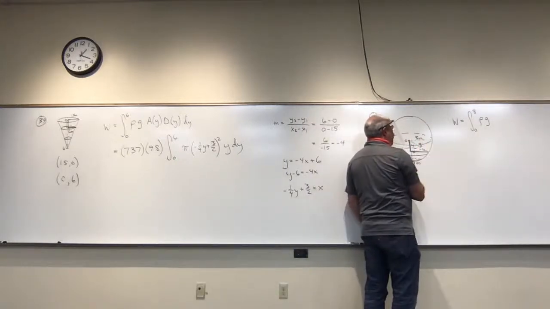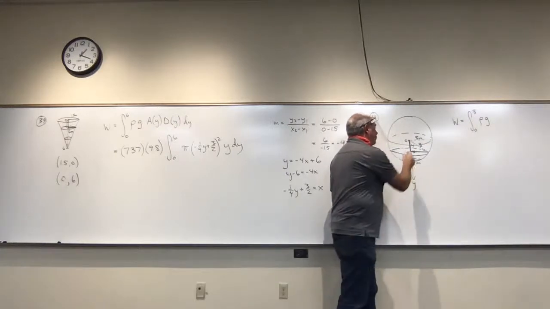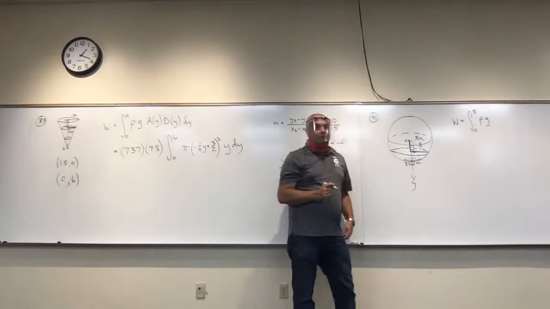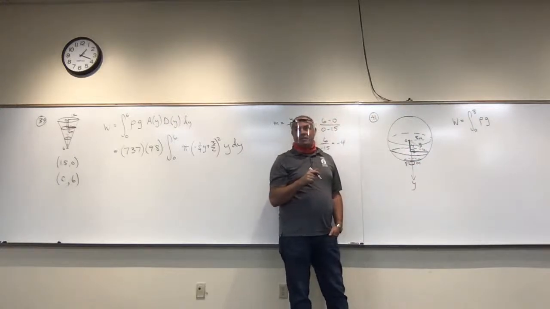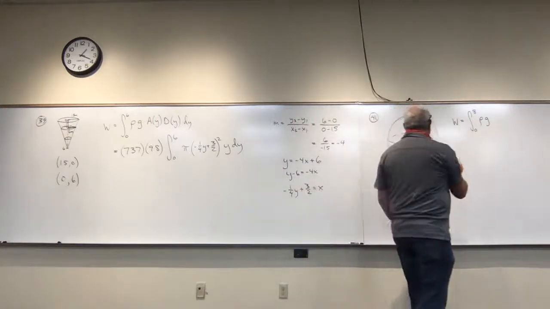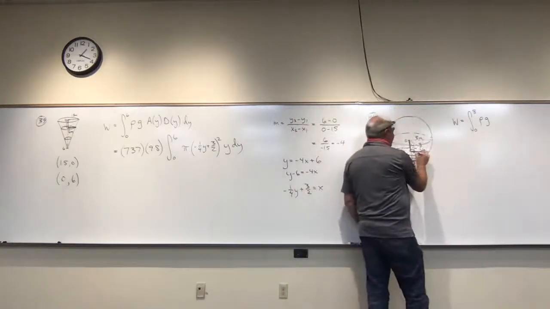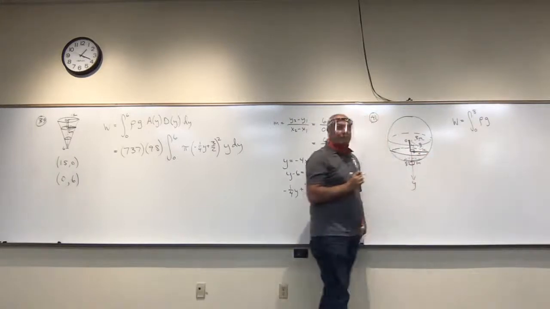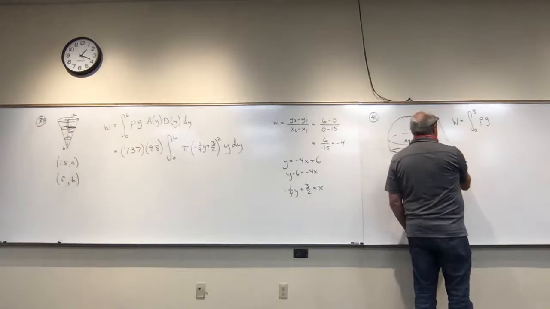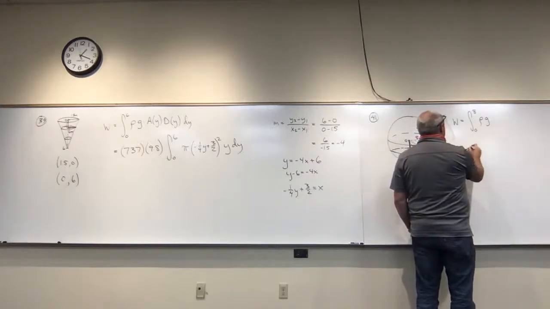So now I have a right triangle, which I know 2 sides of. So I can figure out the other side using what? The Pythagorean theorem. So if I call this x for now, I know that x squared plus y squared is 8 squared.